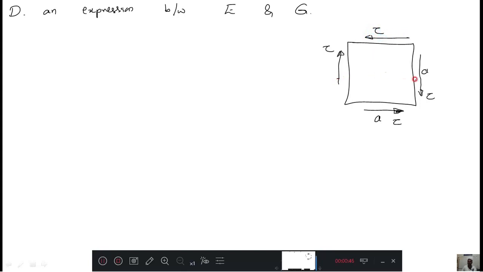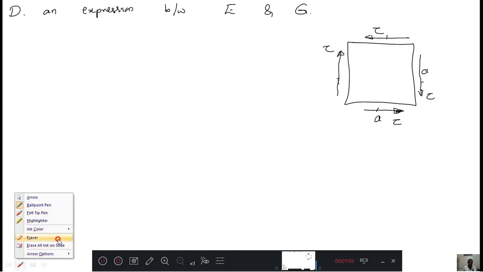Actually this shear stress and this shear stress are acting, and the opposite two are what we call complementary shear stress. Because of these four stresses, it will deform. The deformed diagram looks like this.